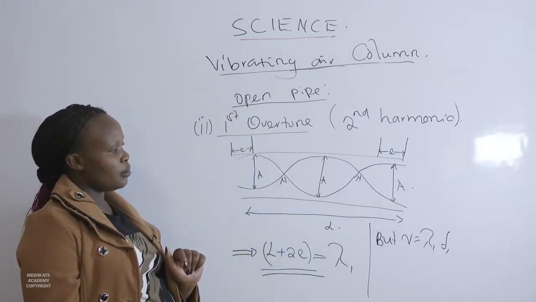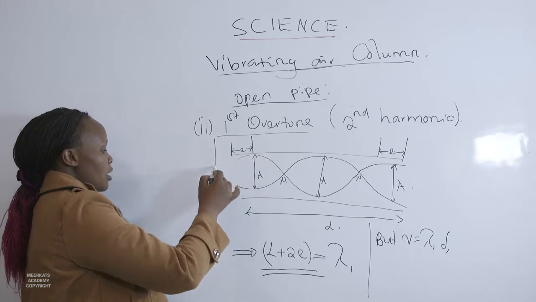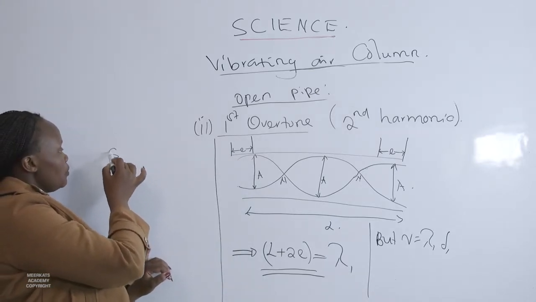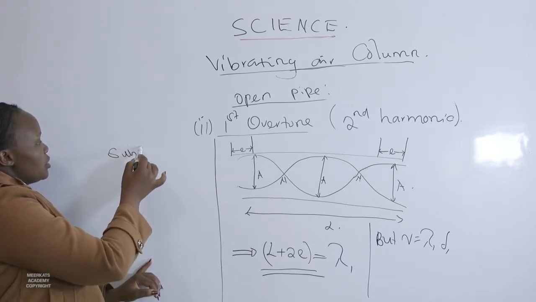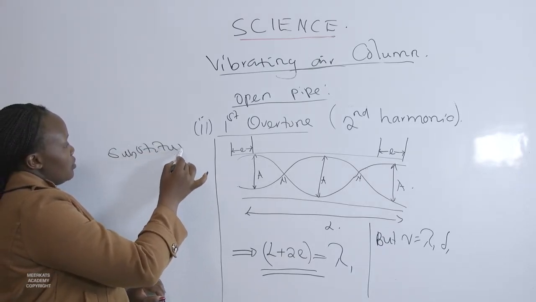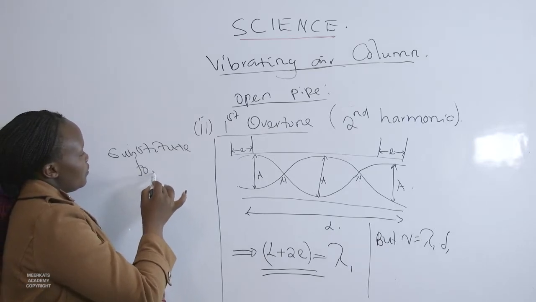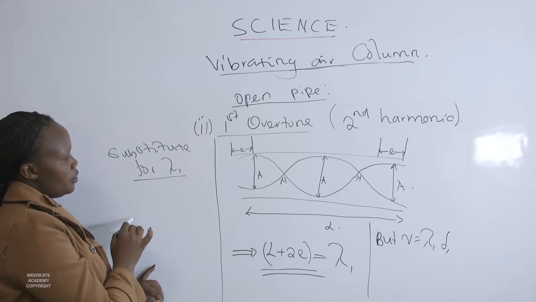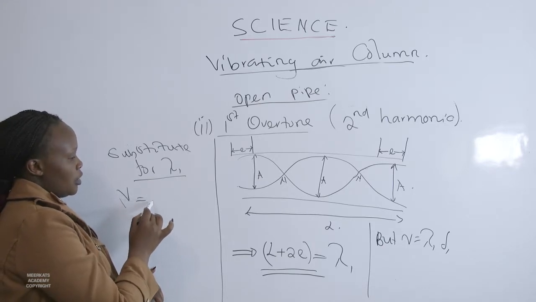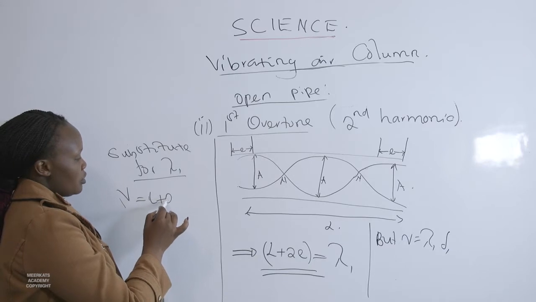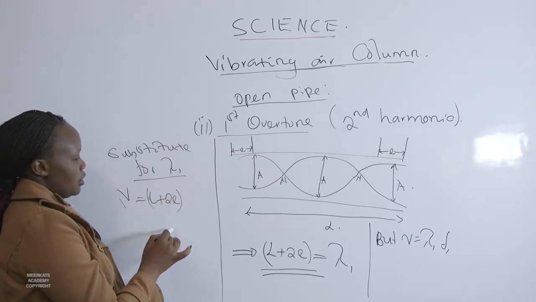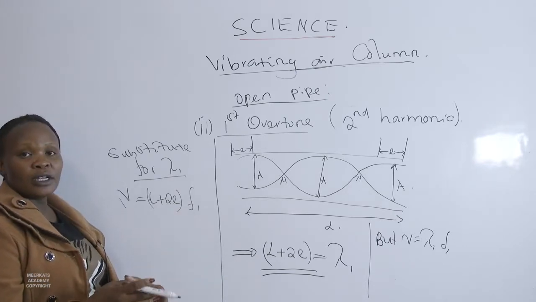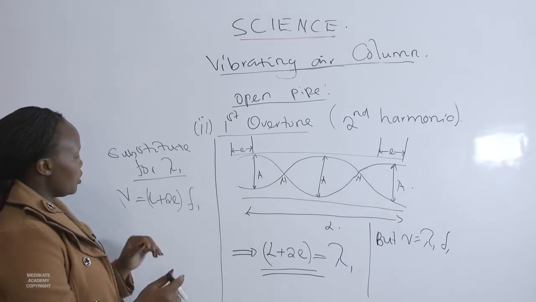Now from there, we substitute for the wavelength, and so we have V being equal to L plus 2E times F1, where F1 is the frequency of the first harmonic.